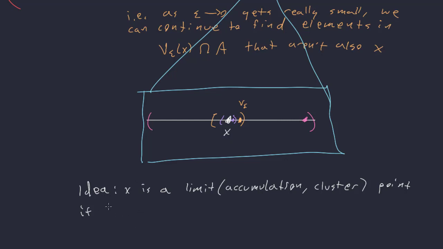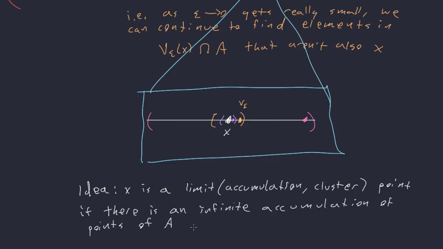So there's an infinite accumulation of points of A around X, in as small an interval around X as we want, and the interval of accumulation can get as small as we would ever want.